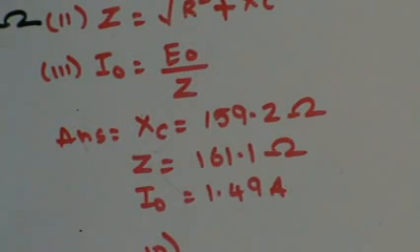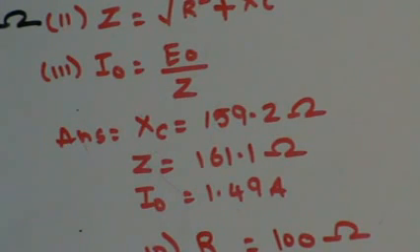A circuit has resistance and reactance each equal to 100 ohms.